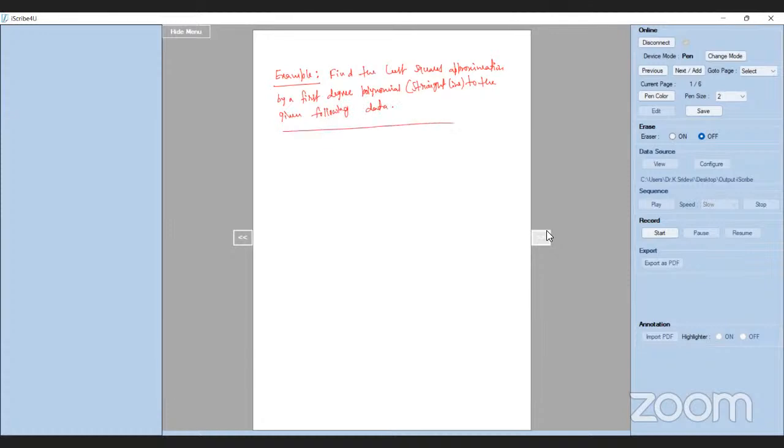So now this is the given data. Take x values as well as y values.